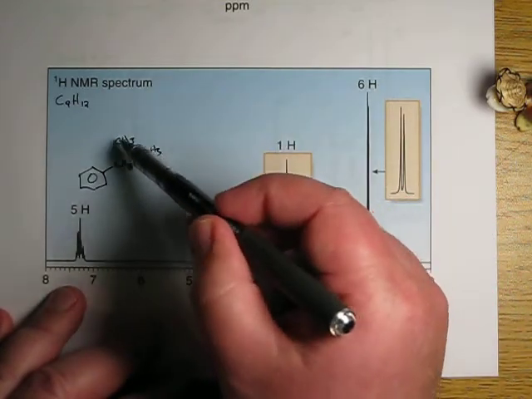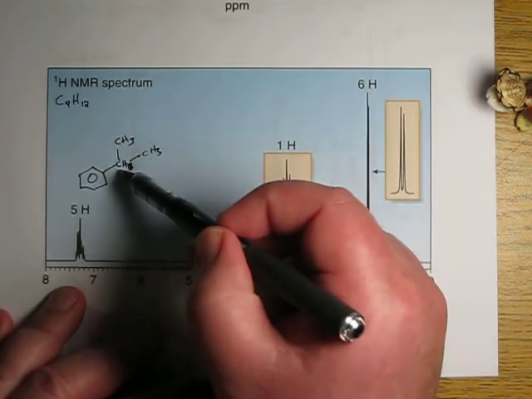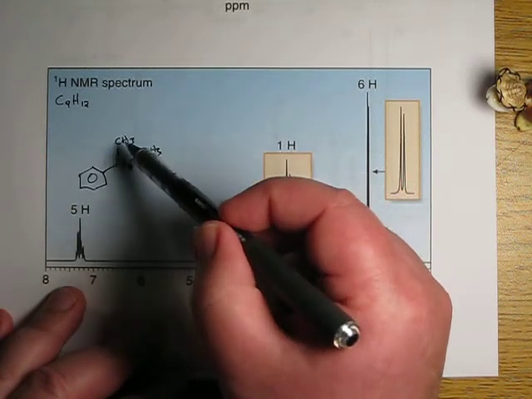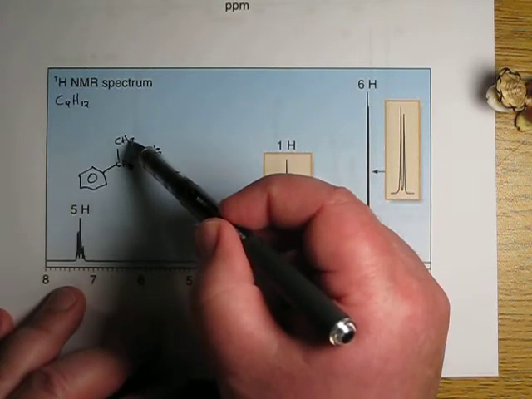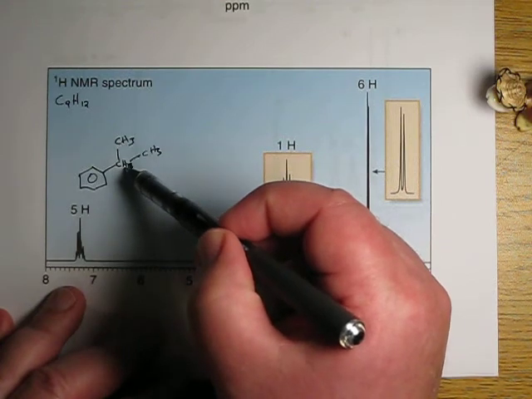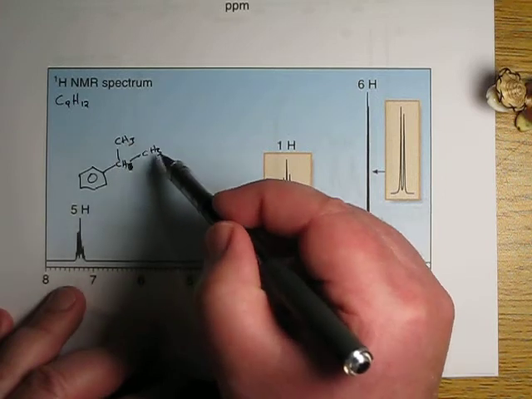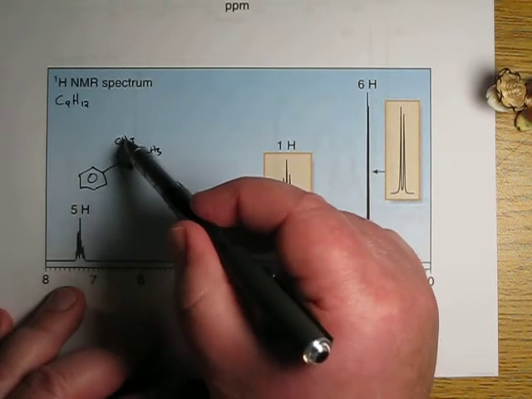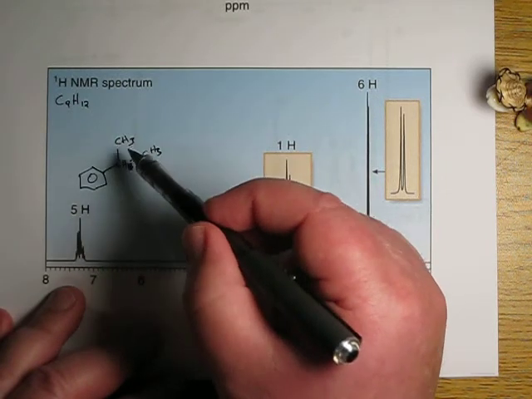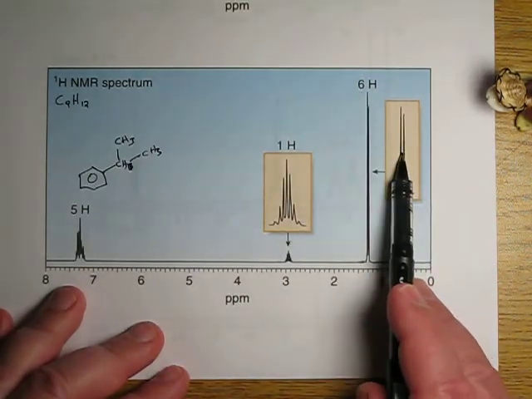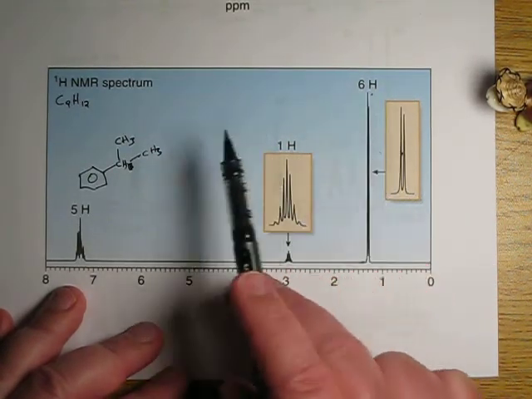Note that if that were the case, both these CH3s are on this same carbon here, therefore they are equivalent. So I would expect to see these 3 split into a doublet by this one, these 3 split into a doublet by this one, but since these 6 protons are equivalent, you should see 6 protons split into a doublet by this one. Here it is, 6 protons split into a doublet, by 1.